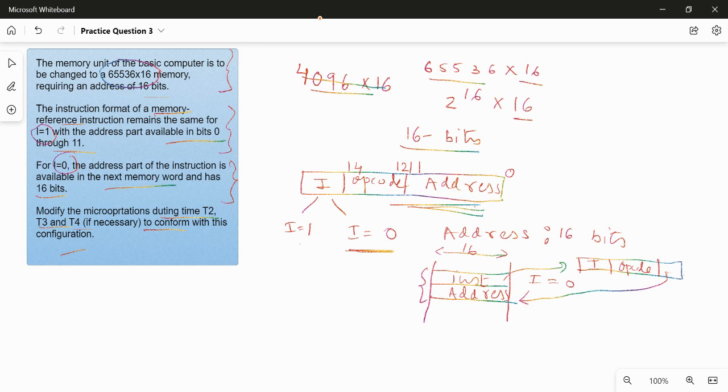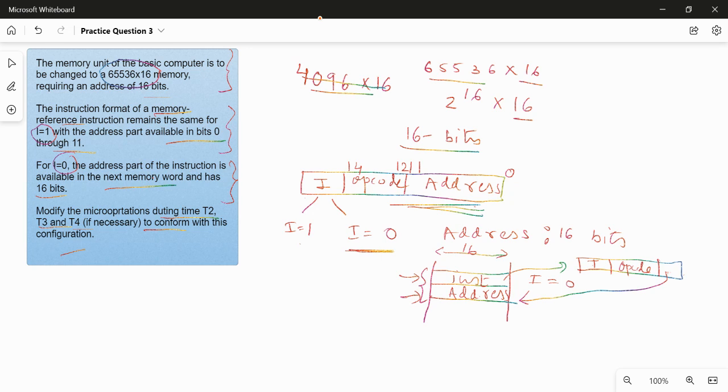So basically, an instruction will occupy two memory words instead of one. First part will specify the addressing mode and opcode, and the second part will specify the address. Modify the micro operations during time T2, T3, and T4 to conform with this configuration.